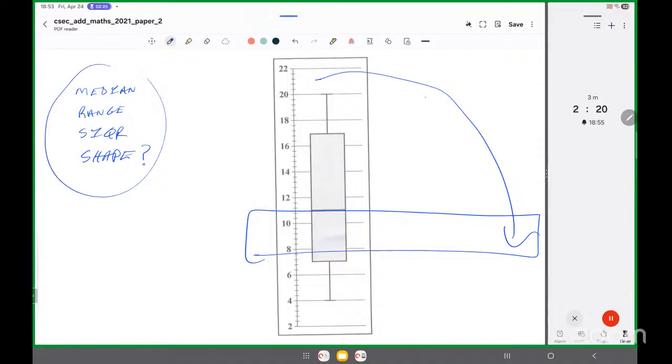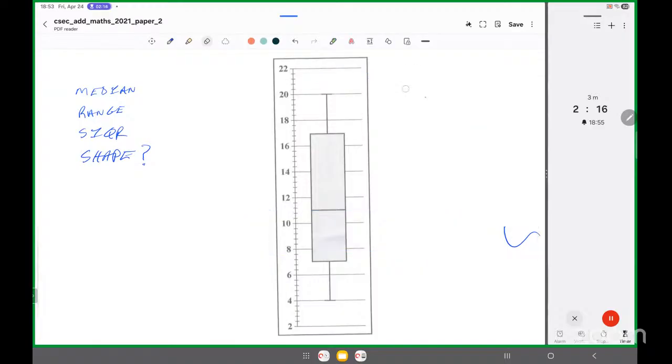So let me write this up. Questions: I must find the median, the range, the semi-interquartile range, and comment on the shape.